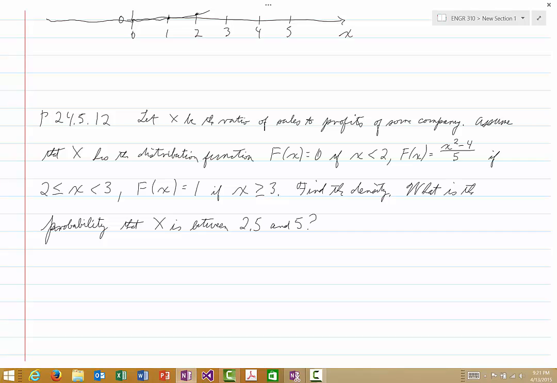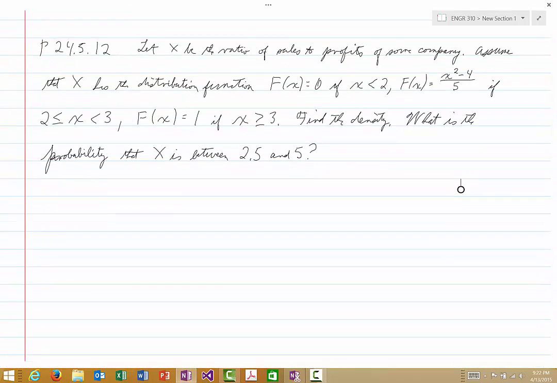But we don't know little f of lambda. And of course, that's the first part of the question. It says find the density, which is the little f function. So we simply need to find little f and then integrate it to get the answer for the probability.